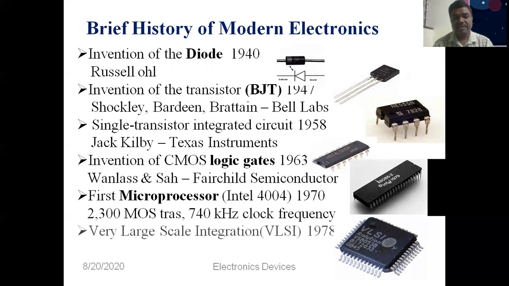In 1978, the first VLSI chip was fabricated. These are the various technology innovations of the past 50 years. A VLSI chip consists of more than 10 to the power 5 transistors in one chip.